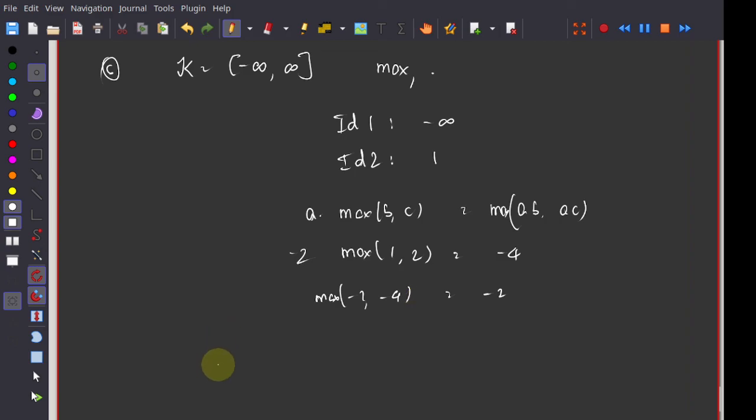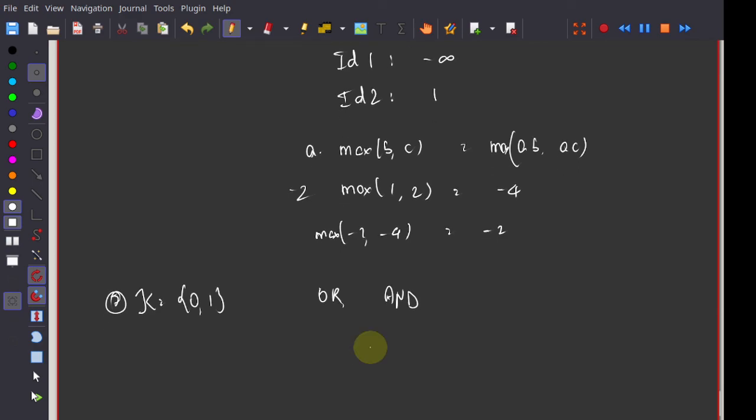Okay, let's take one last example. Take K equal to 0 comma 1, and the first operation is or and the second operation is and. Is it commutative, associative?